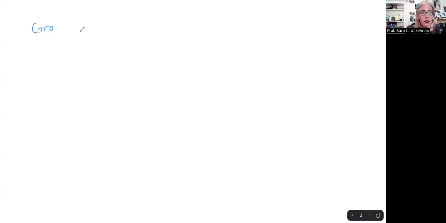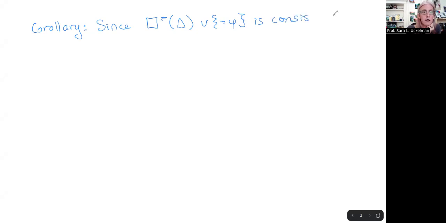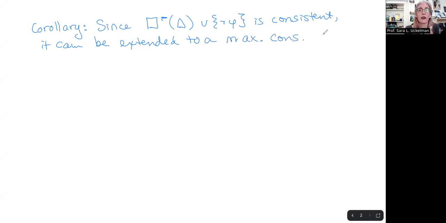So we have a corollary: since the box minus of delta with not phi is consistent, by Lindenbaum's lemma, it can be extended to a maximally consistent set. And given our definition of what a world is, this is a world in our canonical model.